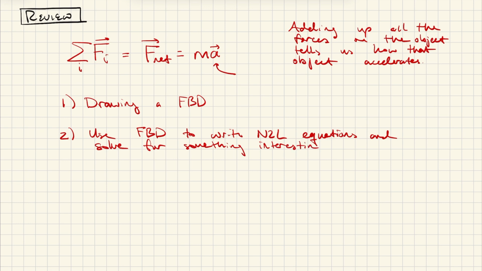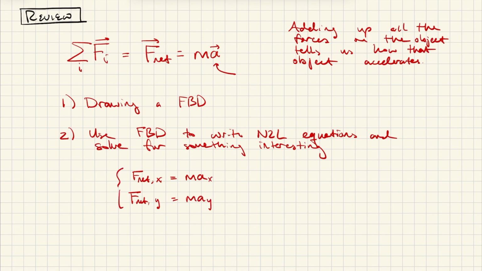Because all these forces are vectors and the acceleration is a vector, we also know Newton's second law holds in both the x and y directions independently. So my full set of Newton's second law equations is generally helpful to write out like this. F net in the x direction equals m times a in the x direction, and F net in the y direction is m times a in the y direction.